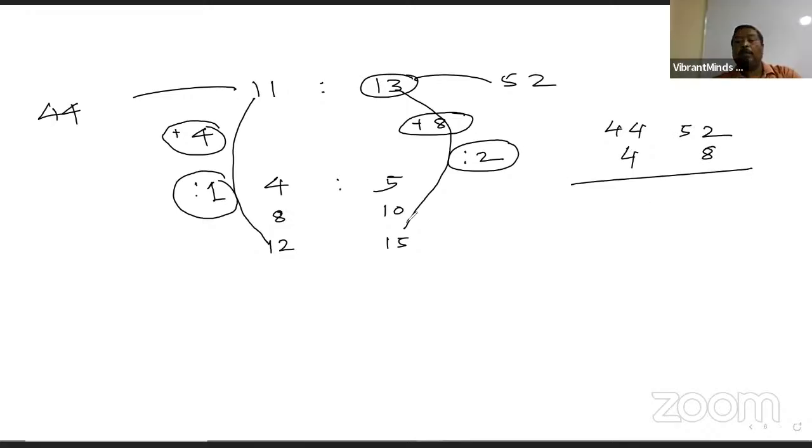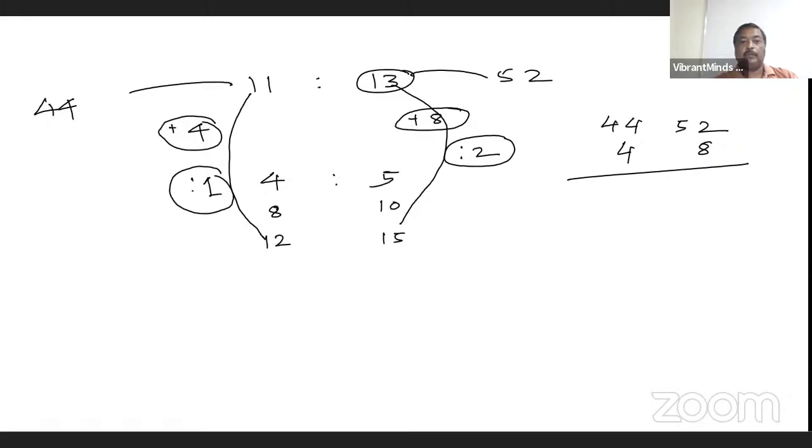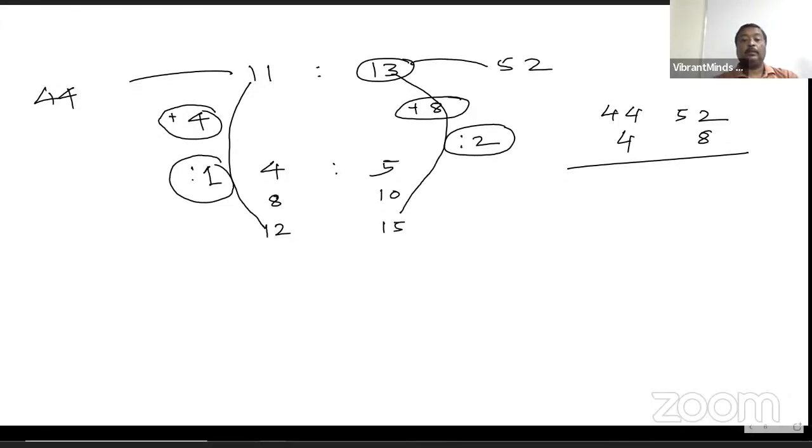4 boys added, 8 girls added. What is the number now? Let's go, guys. 44 plus 4, 48.